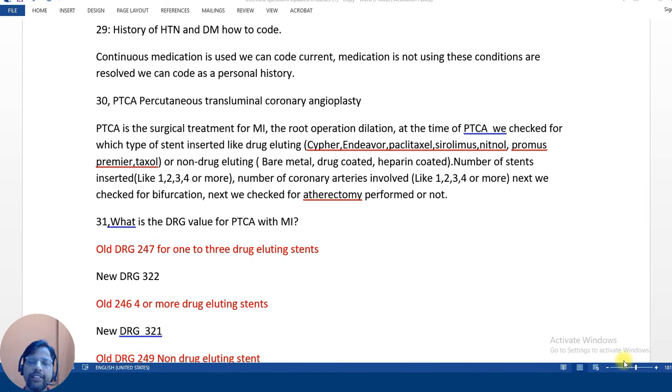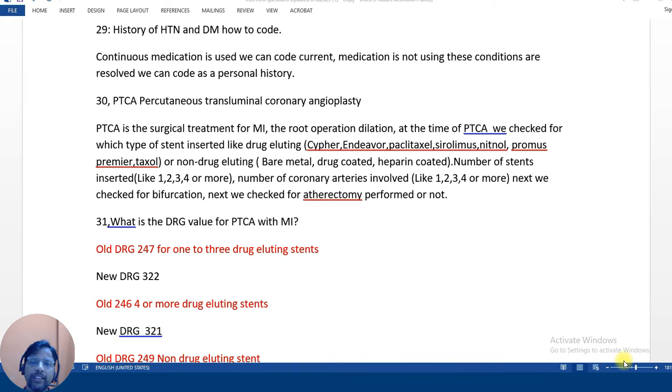During PTCA, we need to check the type of stent inserted: drug-eluting, like Cypher stent, Endeavor, paclitaxel, sirolimus, nitinol, Promus, Premier, and Taxus; or non-drug-eluting, like bare metal, drug-coated, heparin-coated. You also need to check the number of stents inserted, the number of coronary arteries involved, and bifurcation, as well as whether atherectomy was performed or not.